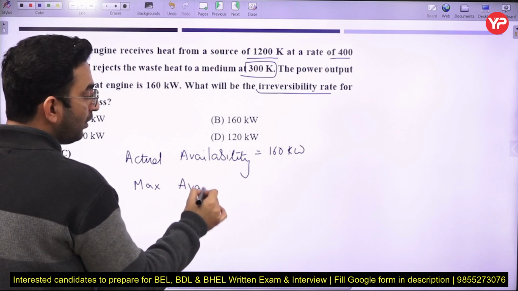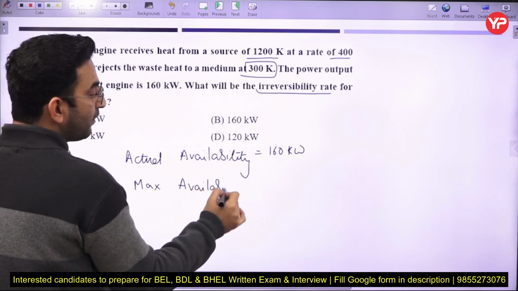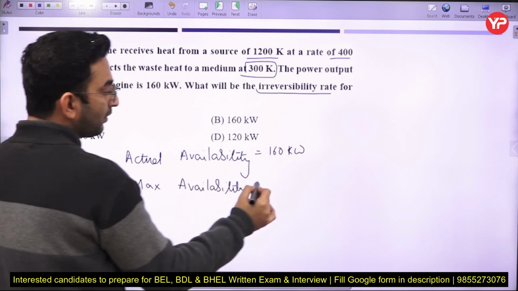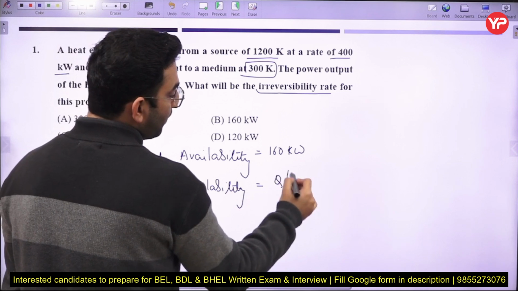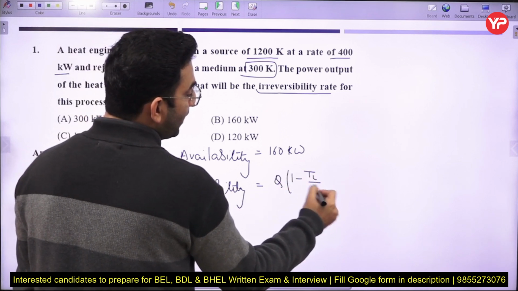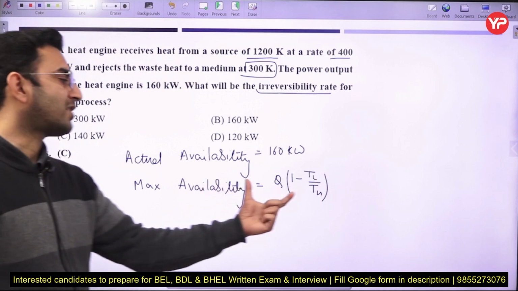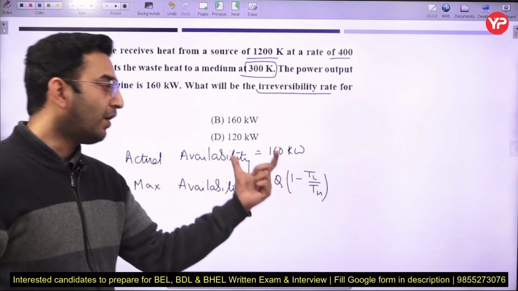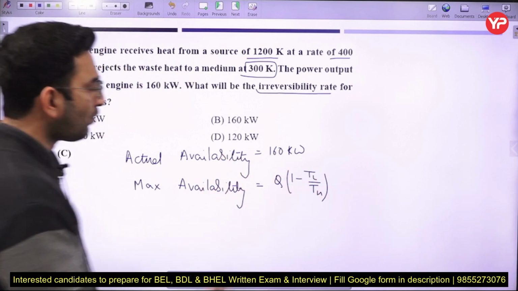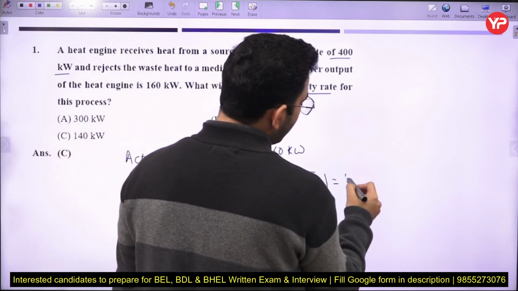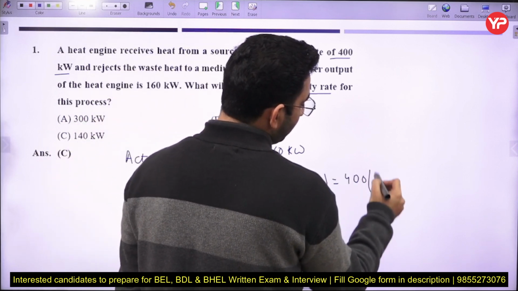The maximum availability will be calculated as Q multiplied by (1 minus lower by higher temperature). That represents the maximum amount of work you can extract if the heat engine is a Carnot engine. If you put all the values into this expression, you will get your final answer.